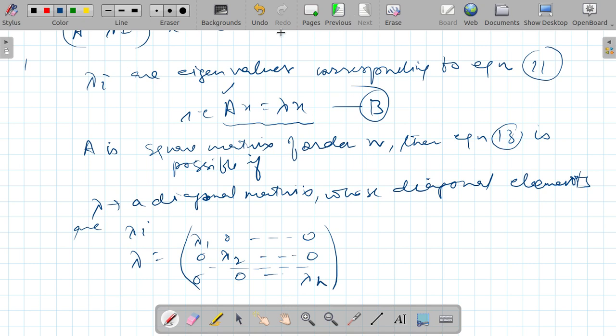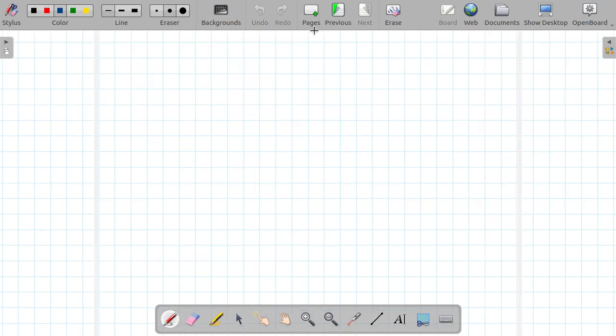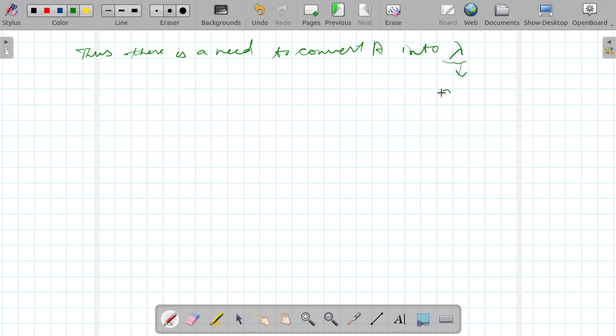to get the eigenvalues and the eigenvectors. So thus there is a need to convert A into lambda. Here lambda is a diagonal matrix using some transformations.